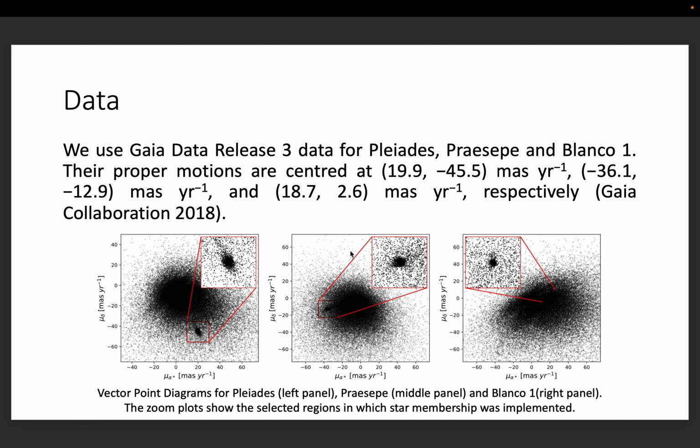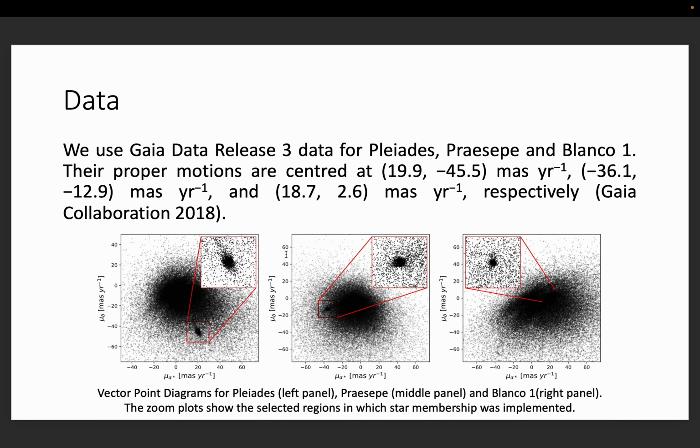The data that we use is Gaia Data Release 3, for the Pleiades, Praesepe, and Blanco 1. We use these open clusters mainly because they are very close to the sun. The other characteristic is that their proper motions are large enough compared to the field.